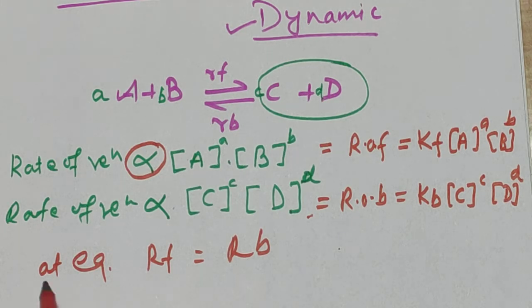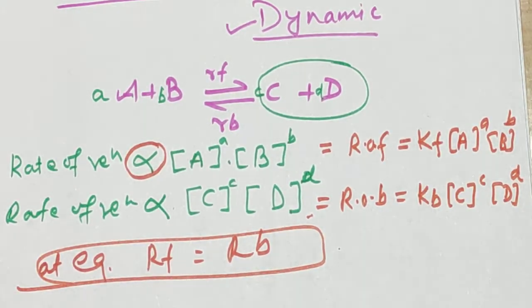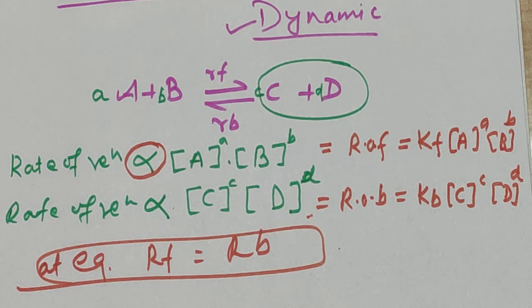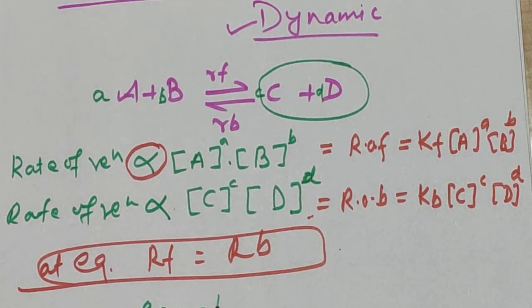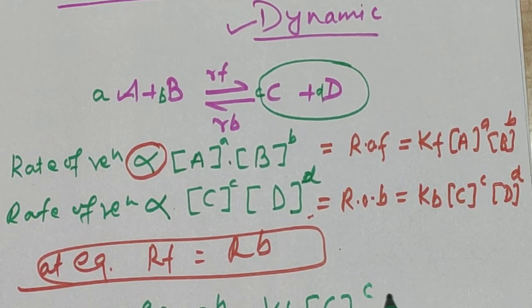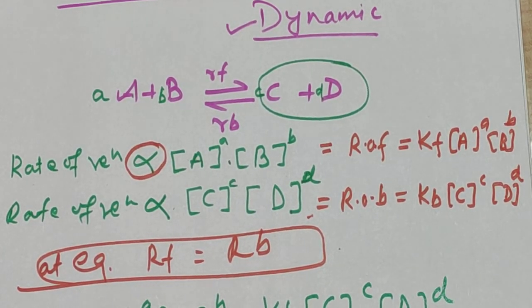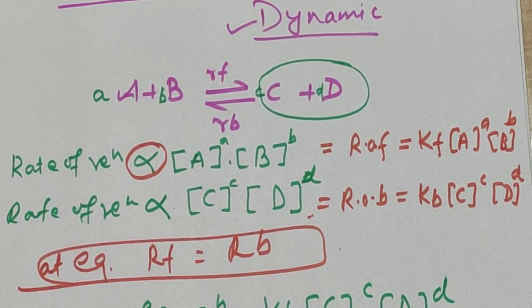So now at equilibrium, the rate of forward reaction will be equal to the rate of backward reaction. In that case, Kf into A to the power a into B to the power b will be equal to Kb into C to the power c into D to the power d. So I can write Kf upon Kb, which will be equal to what?